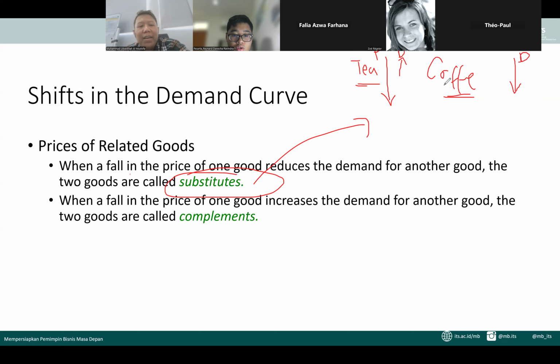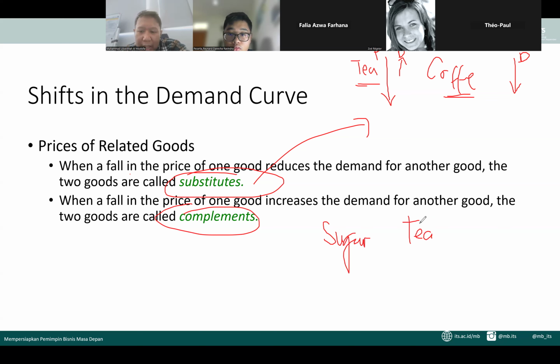All right. But what happens when we have complement goods? A fall in the price of one good increases the demand for another good. For complement goods, let's say that we have sugar and we have, for example, tea.